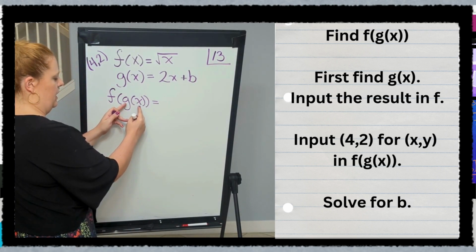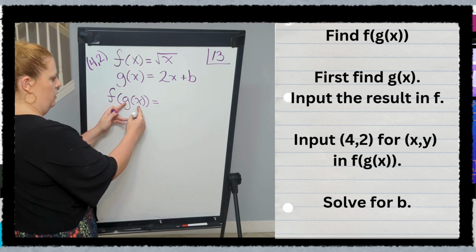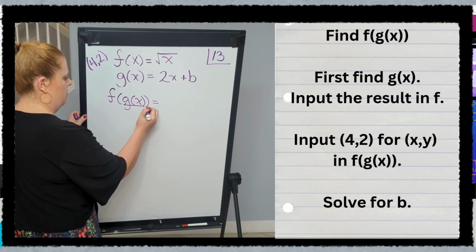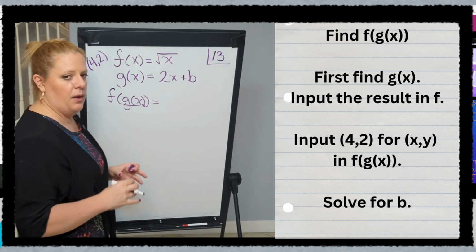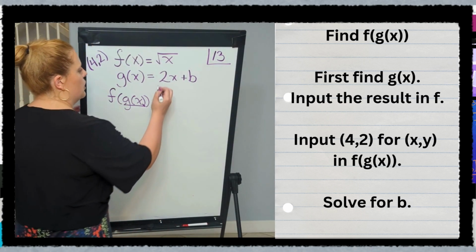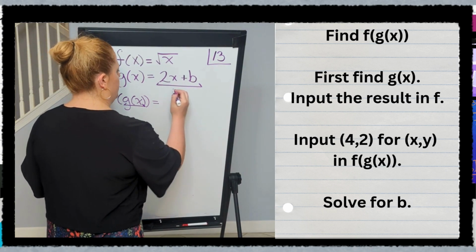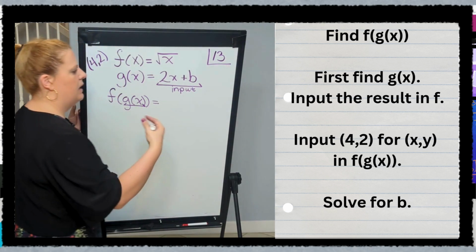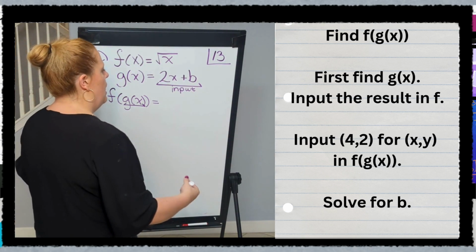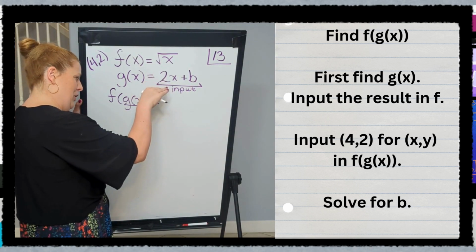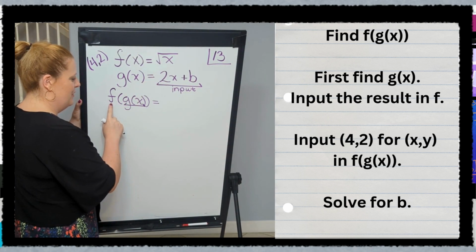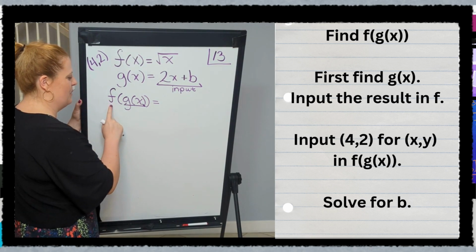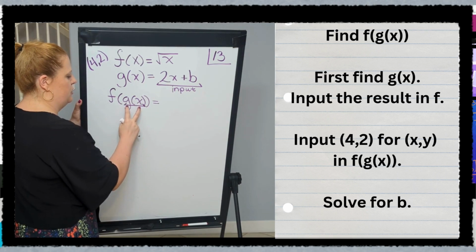So we are going to take our middle function as our input. So 2x plus b is our input, and we're putting it into f.